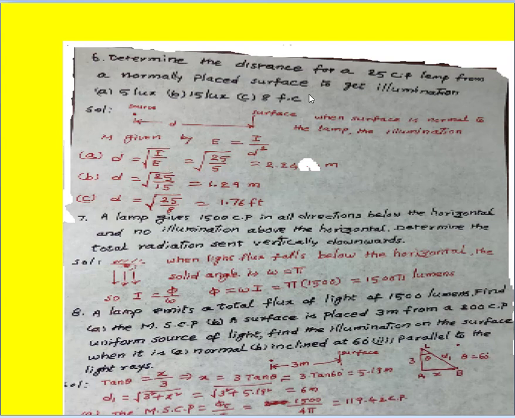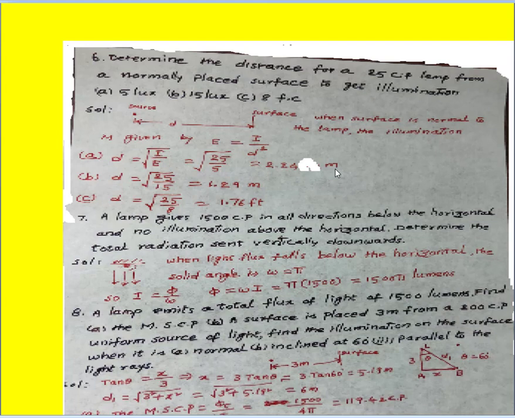We know the luminous intensity of the lamp, and we also know the illumination that we are getting. So we can get the distance of the surface from the source normally, that is root of 25 divided by 5. So then we get 2.24 meters.